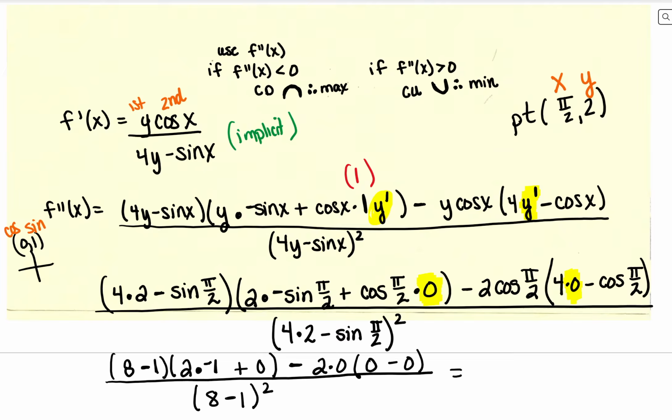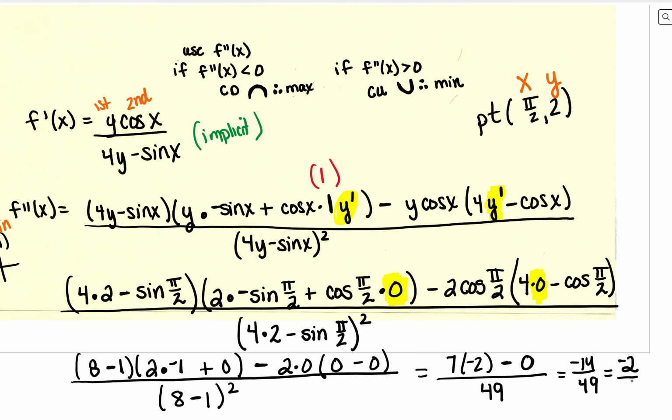Okay, so that's going to be 7 for this. That's going to be negative 2 minus, and that's just all 0, all over 7 squared, which is 49. So negative 14 over 49, which I can take a 7 out, which is negative 2 over 7.